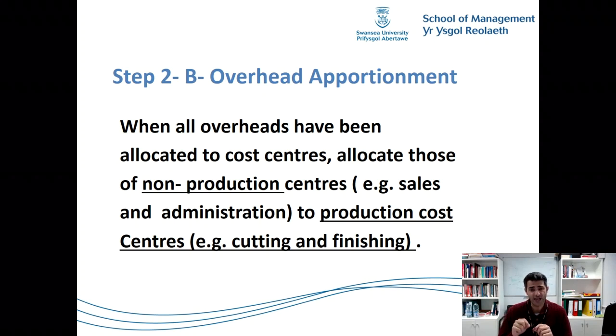When all overheads have been allocated to cost centers, after you allocate all the overheads across the departments, we have production departments and also non-production departments, the service departments. So after we first allocate all the overhead costs across all the departments, we need to allocate the non-production departments, which are the service departments, to the production departments or production cost centers.